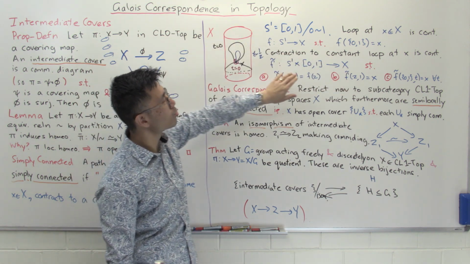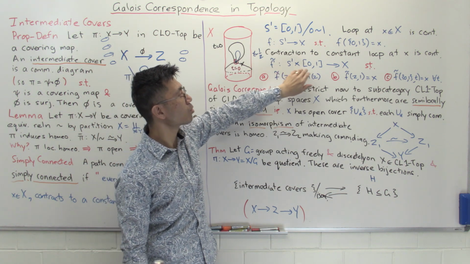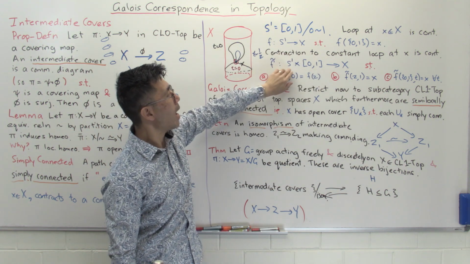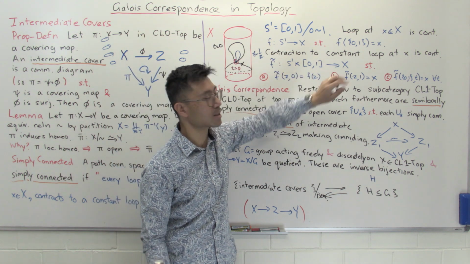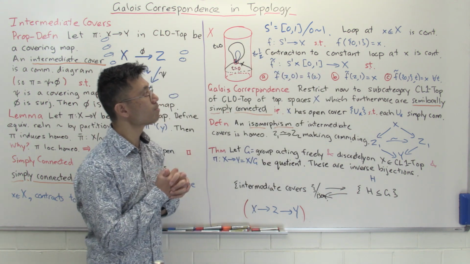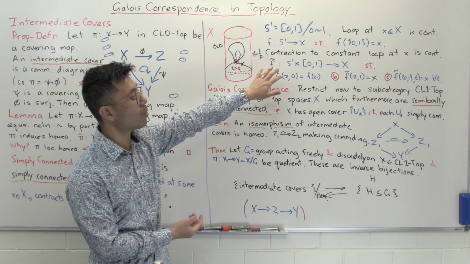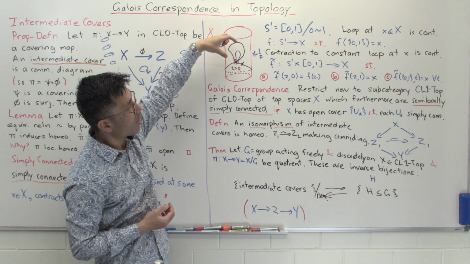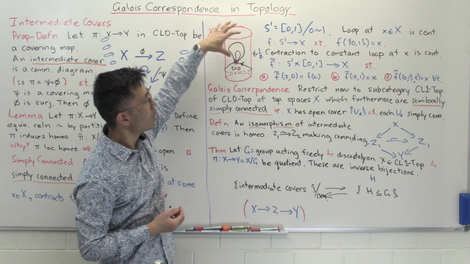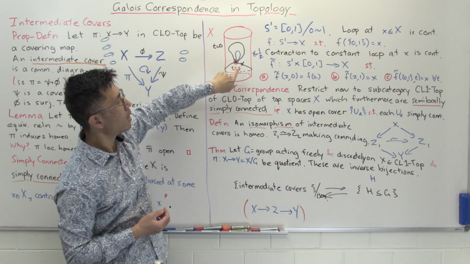So we look at the product space S1 cross [0,1], and a continuous map F tilde from S1 cross [0,1] to X. That's going to be my contraction, from firstly the loop that we had, this loop f here, to the constant loop at x.